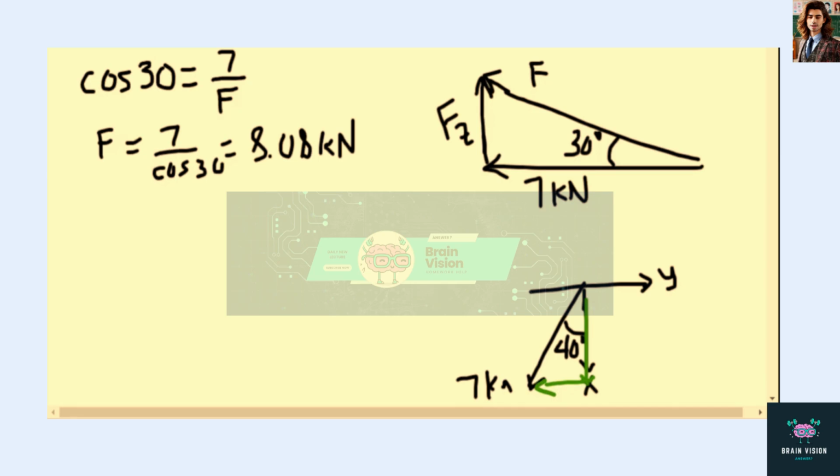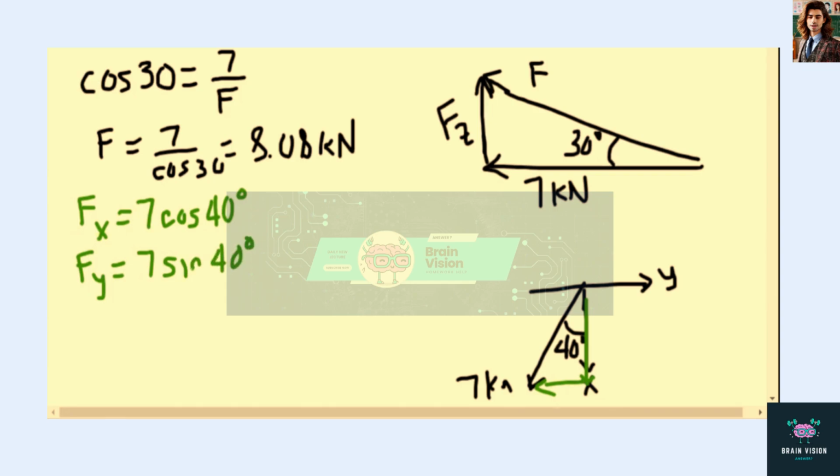And so the force in the X direction is 7 times cosine 40. And the force in the Y direction is 7 sine 40.